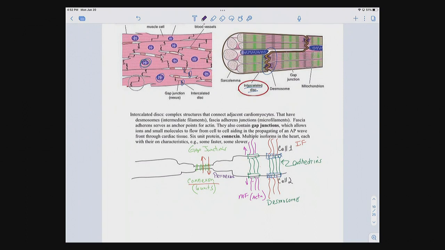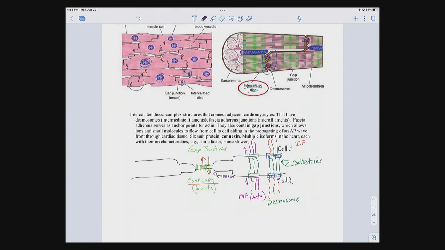Okay. So the reason you have the intercalated disc is to give some integrity to the cardiomyocytes, such that when they contract, they don't pull apart.